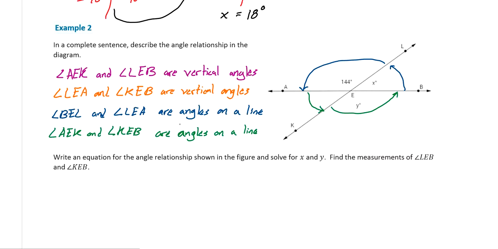All right. So we have a relationship here. We know that these are vertical angles. Vertical angles are equal.